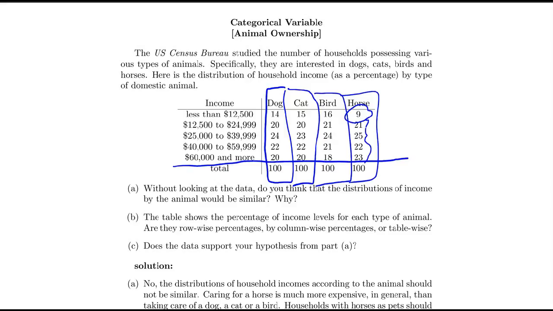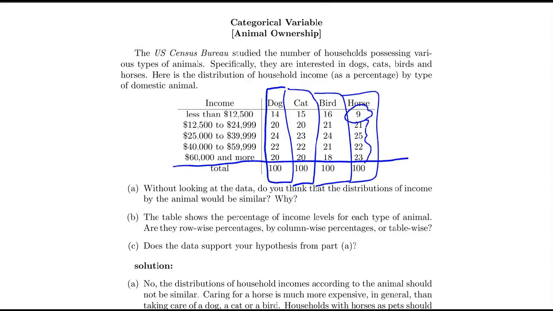And so the distribution of income is more or less uniform for the categories of dogs, cats, and birds, but it's less so for the category of horse, where households with very low income are less represented in this category.